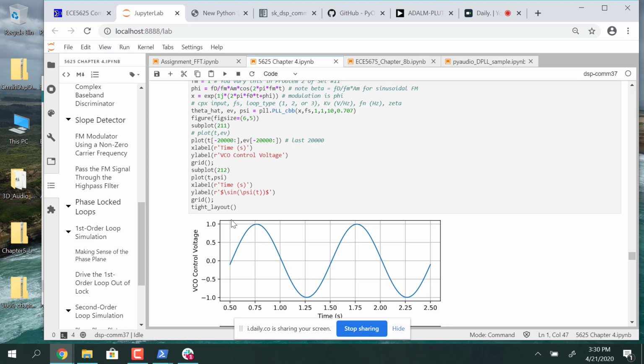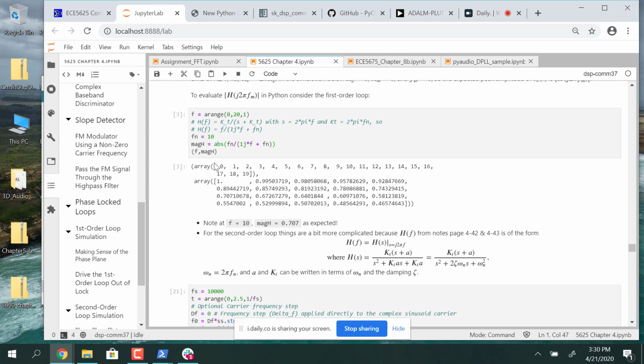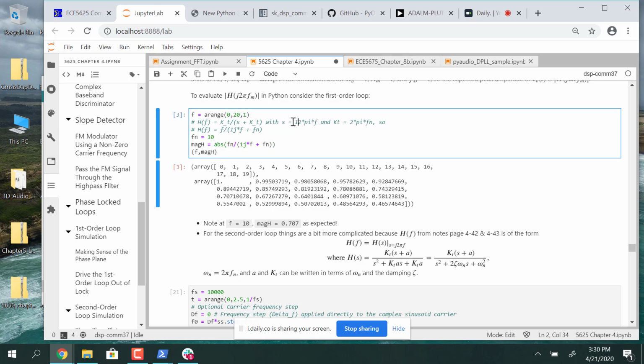But just above here, in the cell up above, I've done a few of the theoretical parts to plotting the theoretical curve. I've taken the closed loop transfer function for the first order loop, which is of this general form. It's Kt over s plus Kt, but I replace s by j2 pi f, actually. I left that off here. It should say 1j times 2 pi.